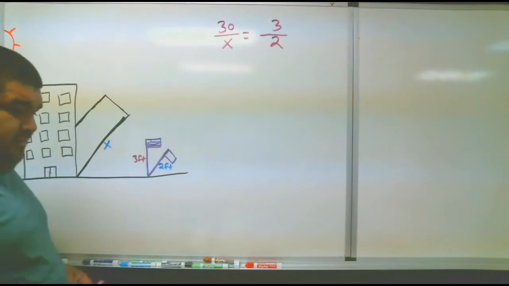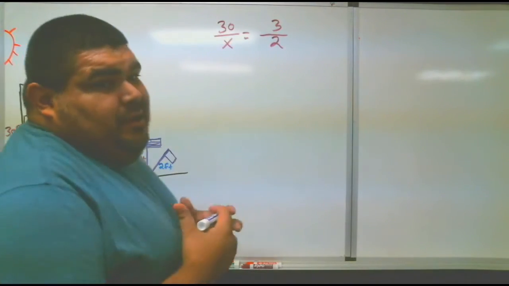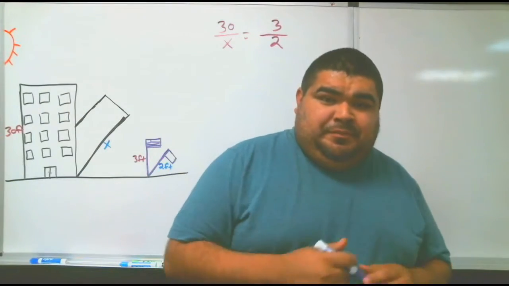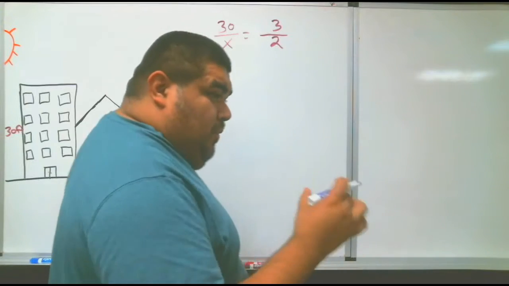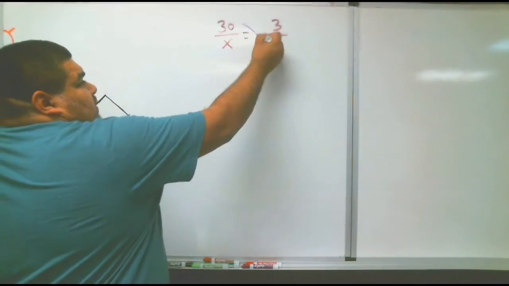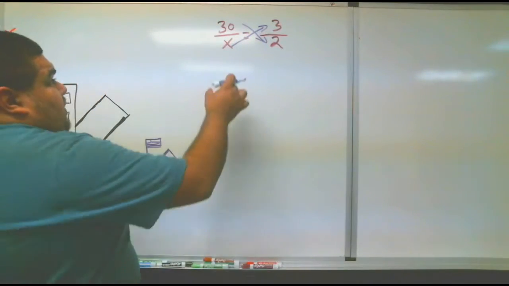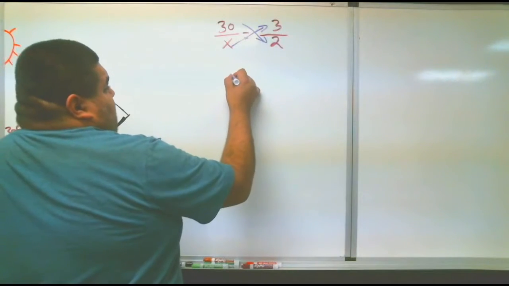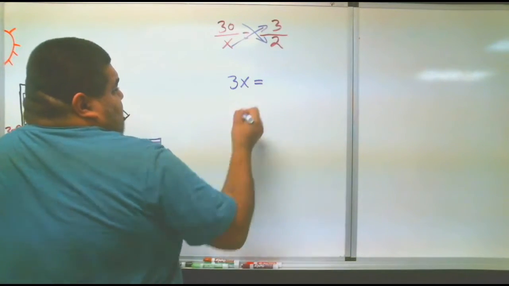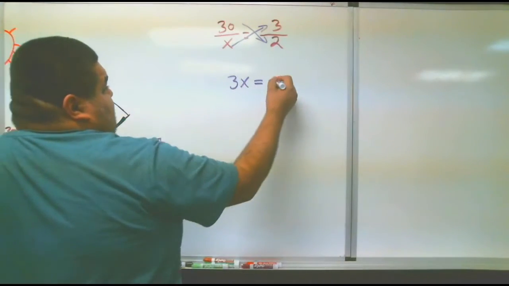Now that we have compared our two items, we can actually solve them. The way we're going to solve them is we're going to cross multiply. So we have x times 3, which is 3x, equals the other one we did, which is 30 times 2, which is 60.